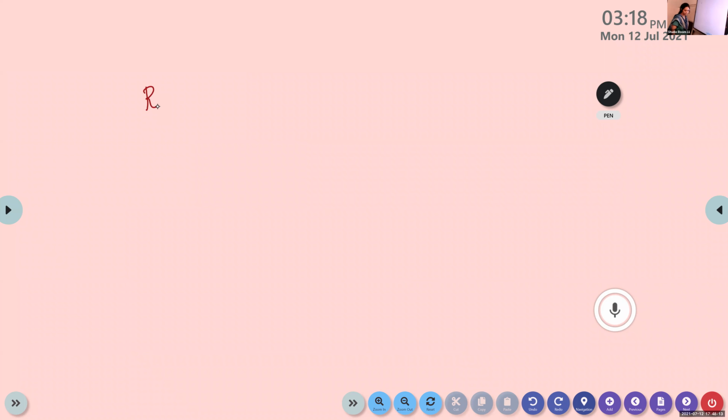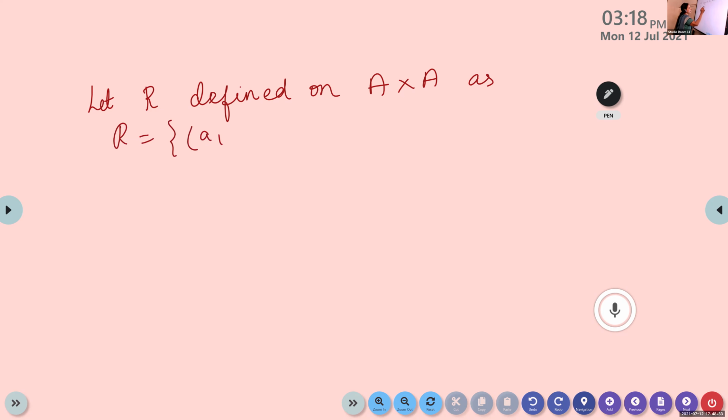Let R be a relation defined on A cross A as R is equal to the set of all ordered pairs (a, b), where a is equal to b plus 1, where a, b belong to A.